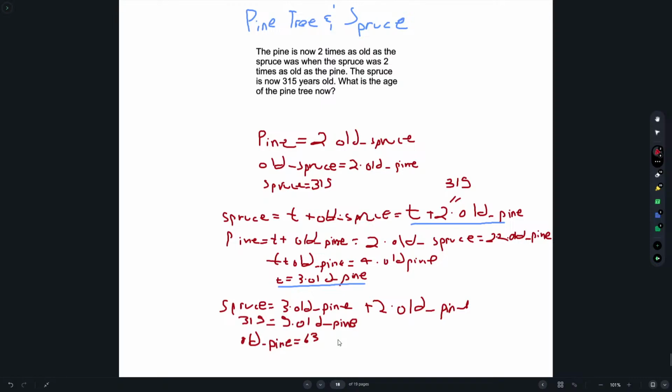Now that we have old pine, we know current pine is 4 times old pine, and that is 252. So pine is equal to 4 times old pine, equal to 4 times 63, equal to 252.